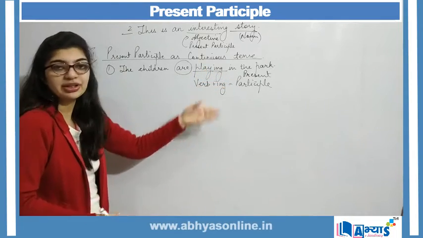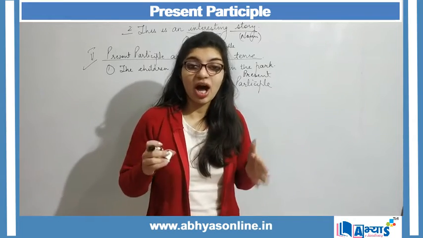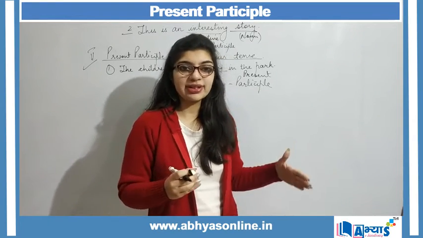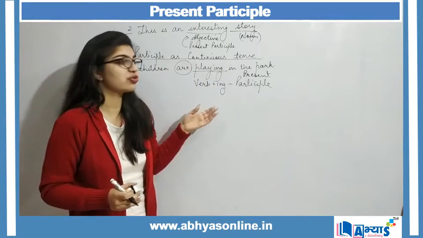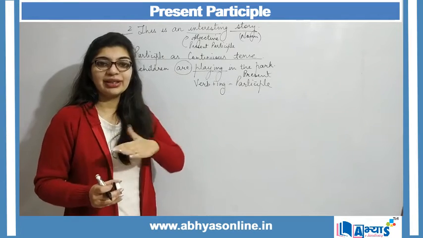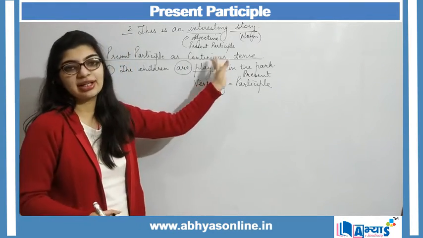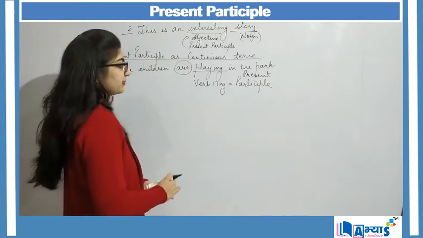Now this is a continuous tense because they have not stopped playing. They are in motion. They are in an act of doing something and that act is playing. They are still playing, which means that the event is in a continuous form and therefore I say that the participle is used in a continuous tense.